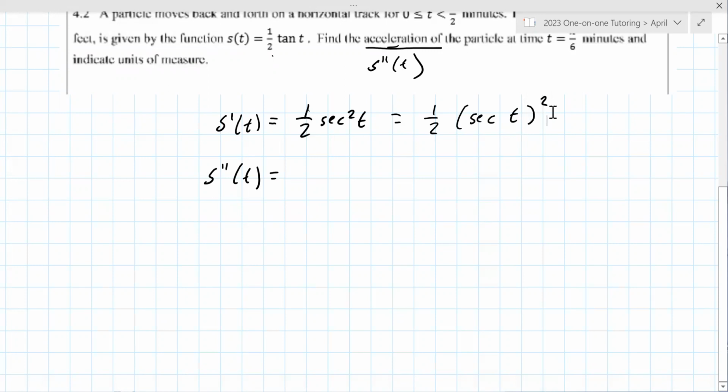Okay, but before you do that, you have to take the derivative of the outside function, this exponent. So 1/2 times 2, keep the inside function, go to a power of 1 instead of 2 for the exponent, and then you're going to multiply by the derivative of secant. What's the derivative of secant?